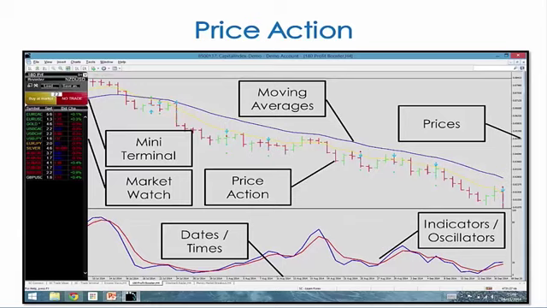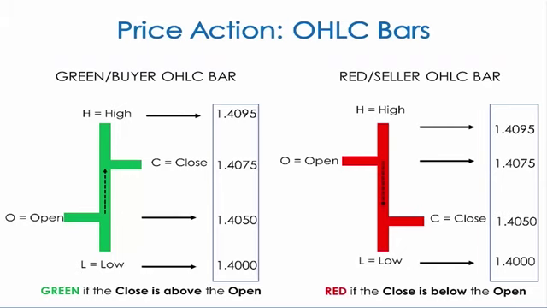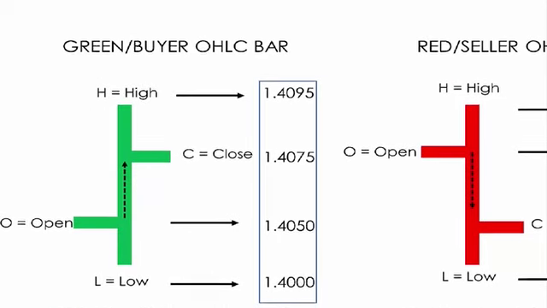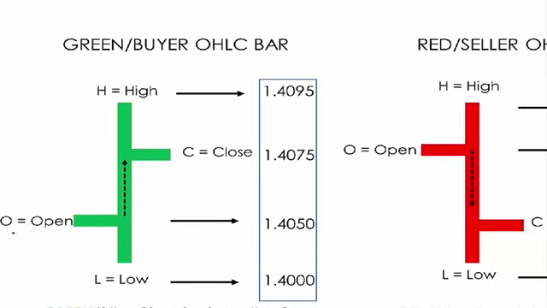Now, as you move over to look at these OHLC bars, this price action itself, what on earth are OHLC bars? Well, OHLC bars are called this because the price bars themselves have got an opening price. The open price is essentially the start, the beginning of the bar. Let's say we're looking at a 1 day time period.